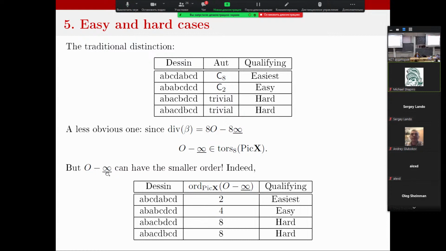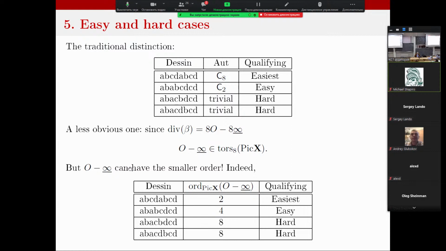So O minus infinity. Sorry? X here is the Belyi pair, the curve on which the Belyi function beta is defined, yes. We agreed from the very beginning that X will always mean the curves we are discussing currently.